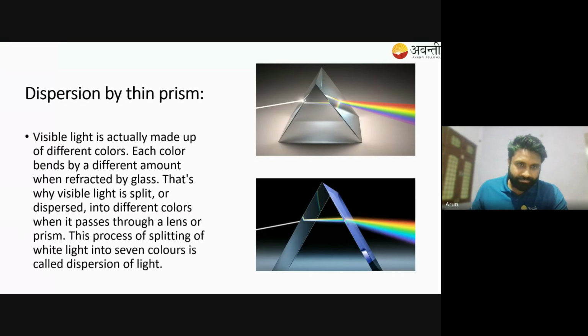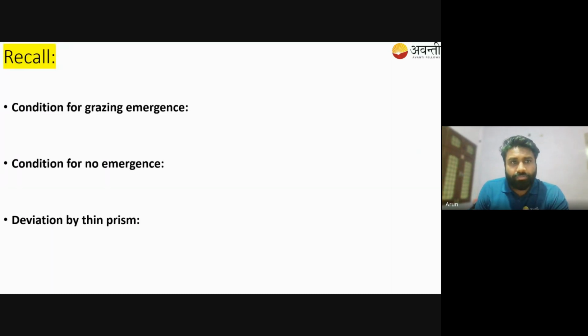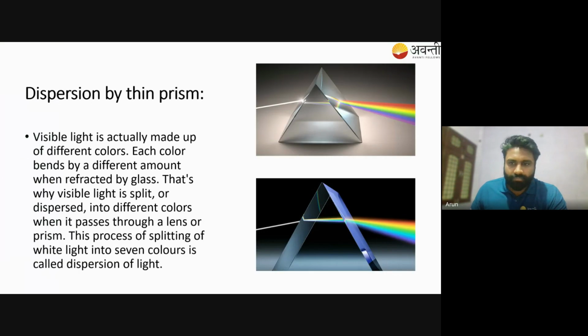Cause of dispersion is... you tell me what will be the cause of dispersion. Write this in the chat box. The cause of dispersion is the wavelength of light.